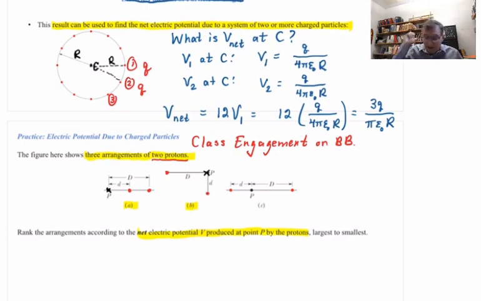What's the net electric potential at point P? And in picture C, the point P is right here, and 1 proton is to the left by a certain amount, and 1 proton is to the right. And again, your job is to find an expression for the net electric potential at each of the 3 places, and then rank them from biggest to smallest at the point P in each case, okay? And we'll be talking in class about the electric potential of a point charge. But that's all for this video.